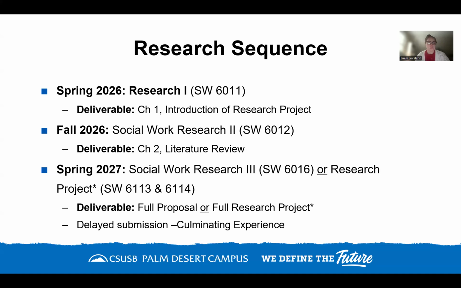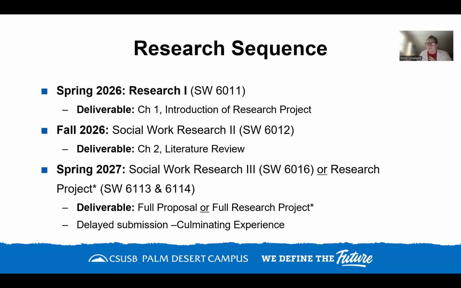And then in the spring of 2027, which is going to be your second year out of the three-year program, you're going to conduct Social Work Research 3, which is 6016. If you go the proposal route, we'll start with that. And in 6016, we write our third chapter, which is the methods chapter.